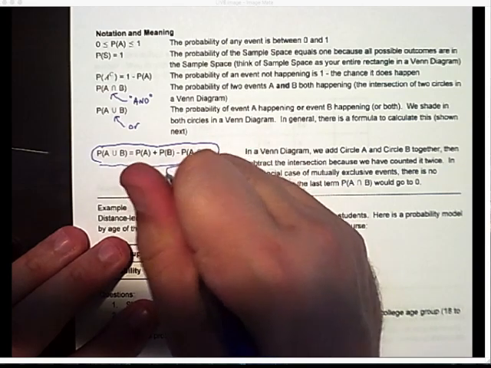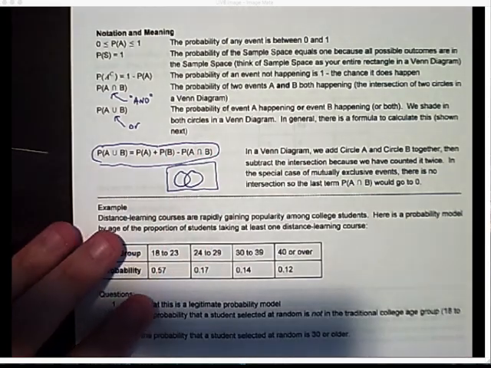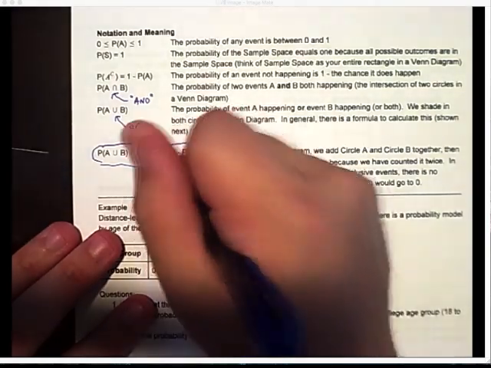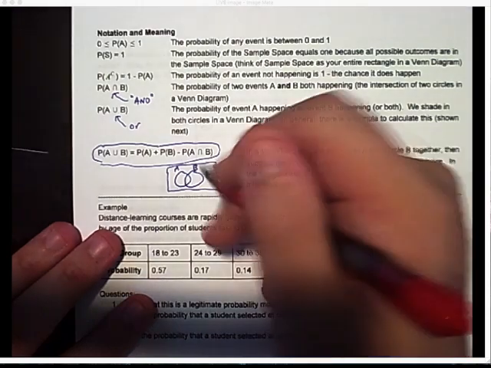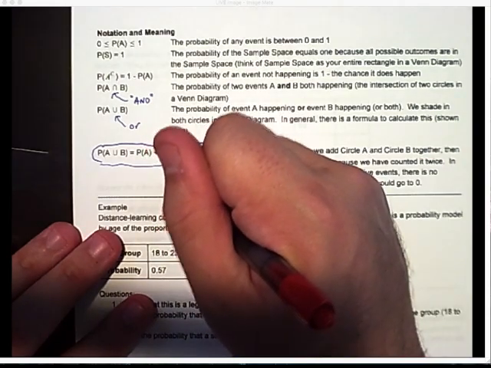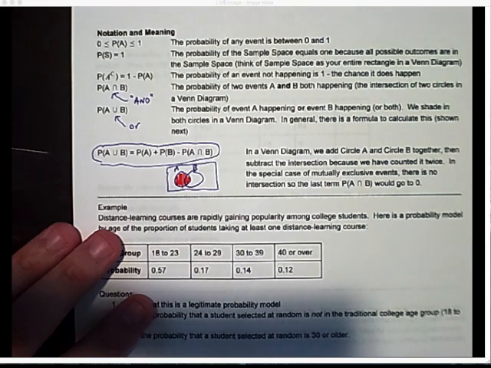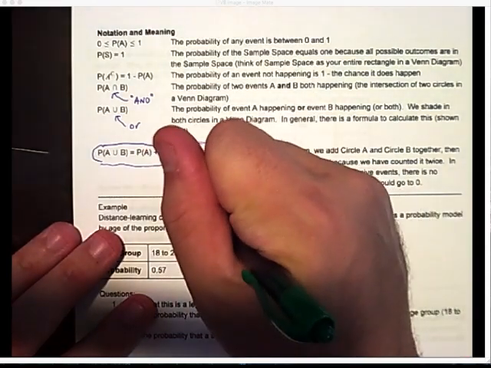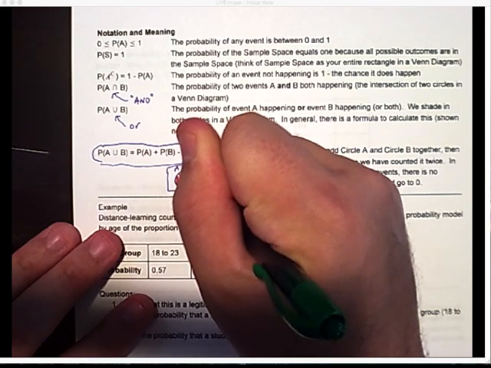And in a picture, here's how we figure it out. If I want to figure out how much space this is, if this is event A and this is event B, you add up everybody that's in A, and you add up everybody that's in B, but the problem is that middle part.